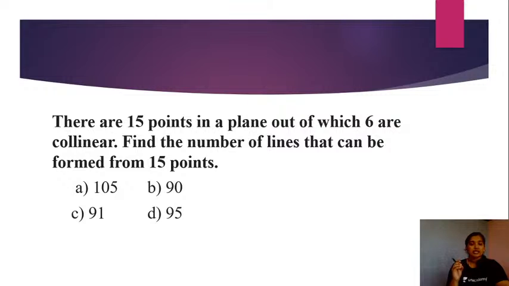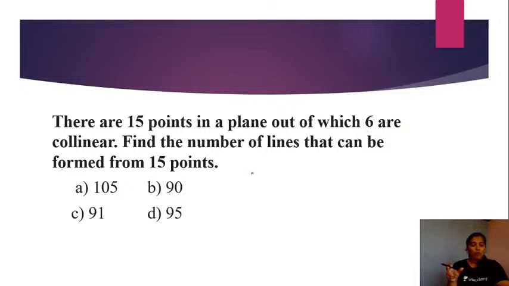Okay, so when I say 6 points are collinear, in the sense they lie on the same line. Am I correct? So think about it, students. So 6 points are going to be on the same line. So it is going to be a single line there, right? And you have the 15 points given, out of which these 6 are collinear.